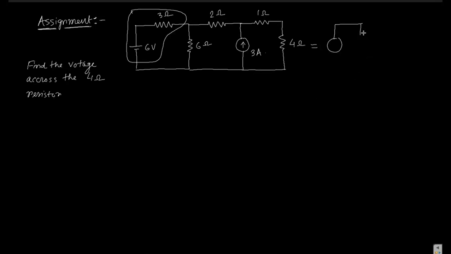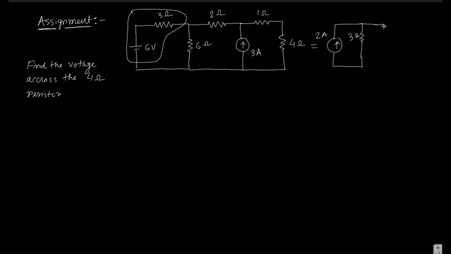Here the current source becomes 2 ampere, and the resistance is 3 ohm. 6 by 3 is equal to 2 ampere is the current source, and that 3 ohm should be placed in parallel with the 2 ampere current source. Mute the microphone please.